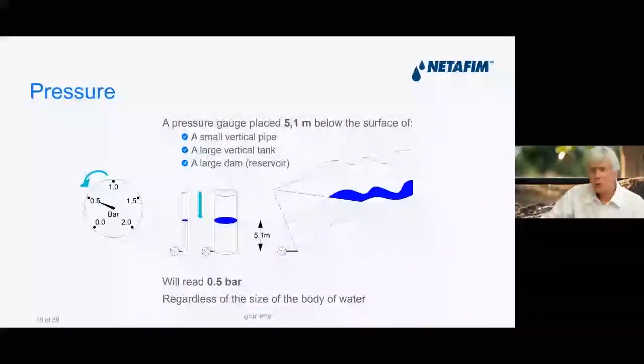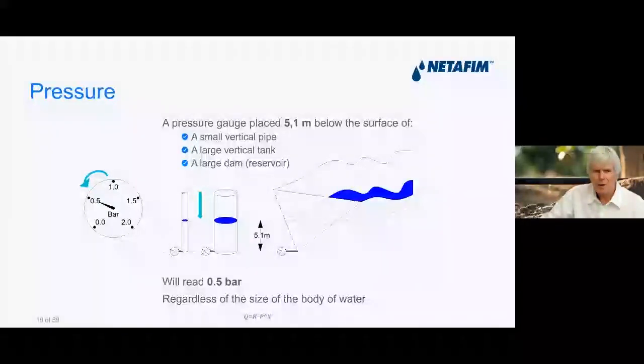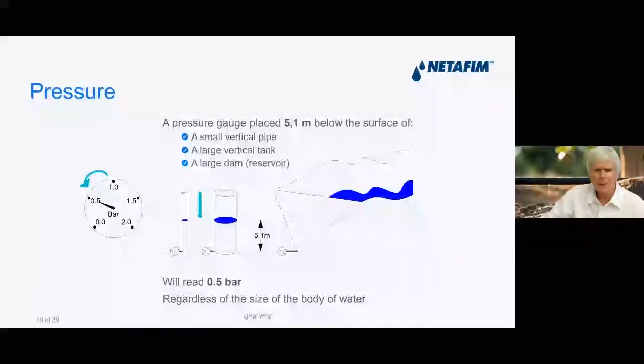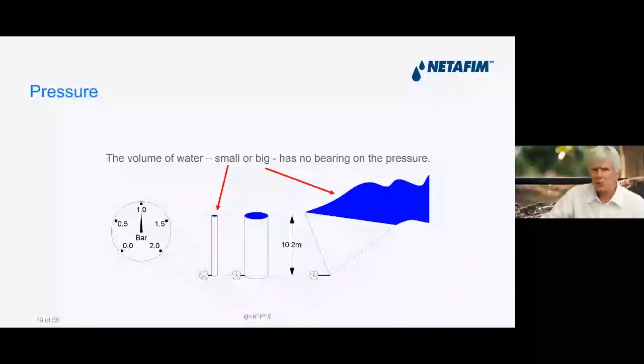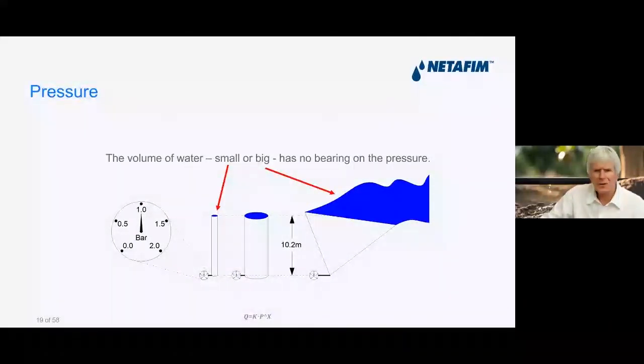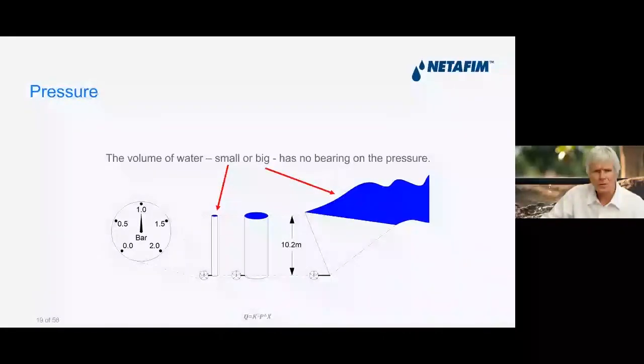Then, if the height of water in each of those 3 bodies of water was now only 5.1 meters, and the pressure gauge was placed at the bottom of all of them again, it will always read 0.5 of a bar, regardless of the size of the body of water. So the volume of water, whether it be big or small, has no bearing on the pressure. Pressure is purely related to the height below the surface.